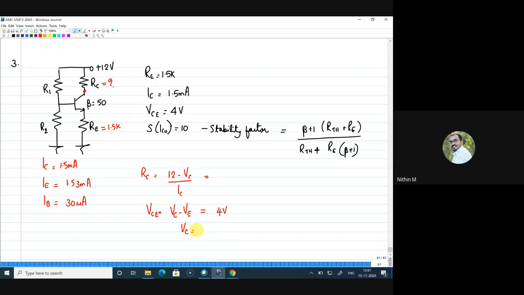If others have answers, you can post them. I think Noel is calculating. VC is 6.295. Yes, VC can be written as VCE plus VE, which is 4 plus 1.5K into the current 1.53 milli, which is 2.295.